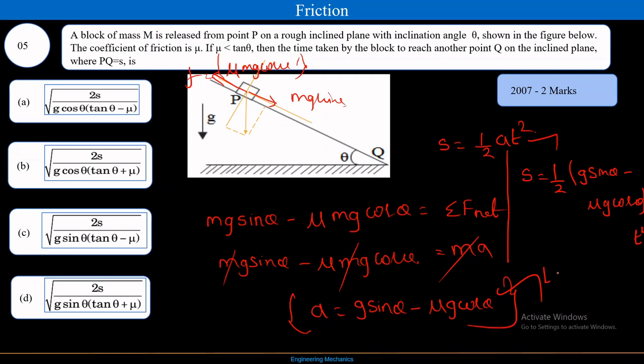So t is equal to the root of 2s divided by g cos theta into tan theta minus mu. This is my answer.